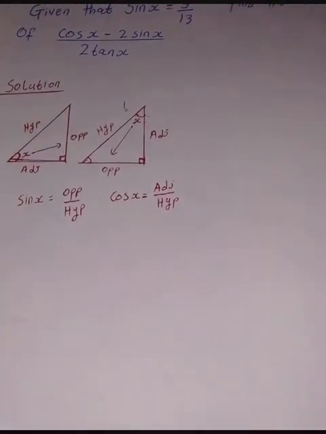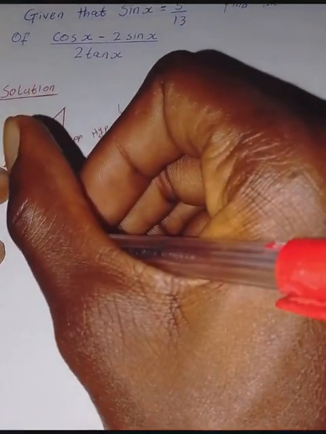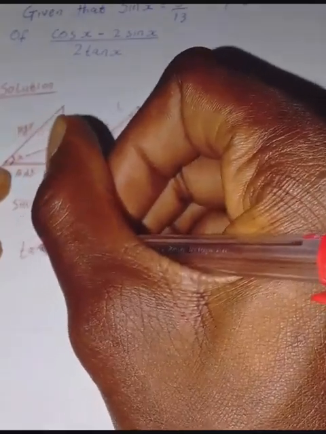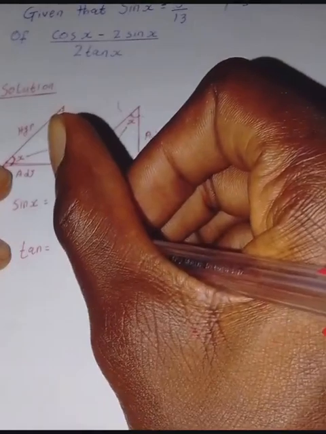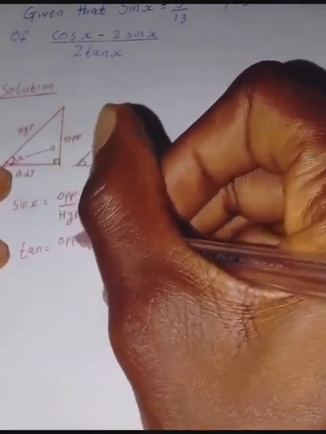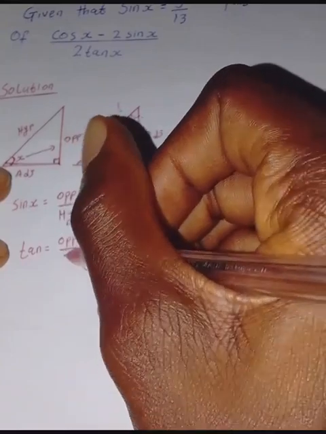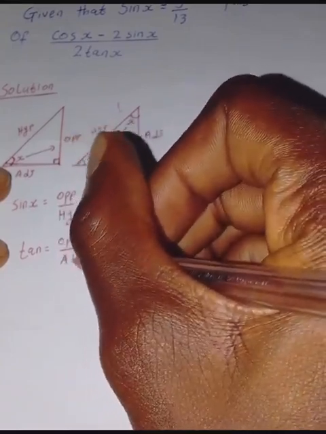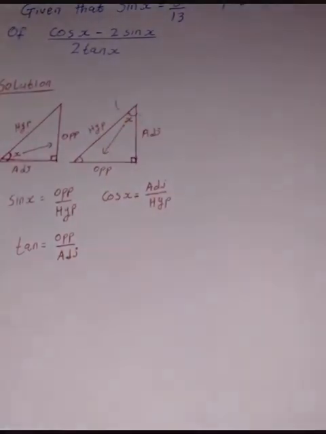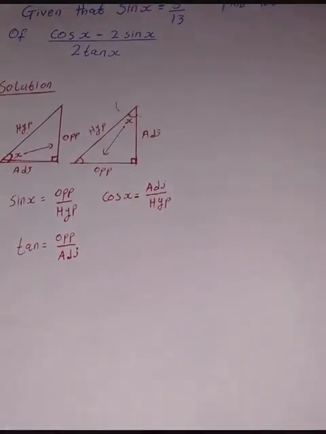And when we have tan, tan equals opposite over adjacent, opposite over adjacent. So that is tan. That's the meaning of tan. I hope that is very clear.